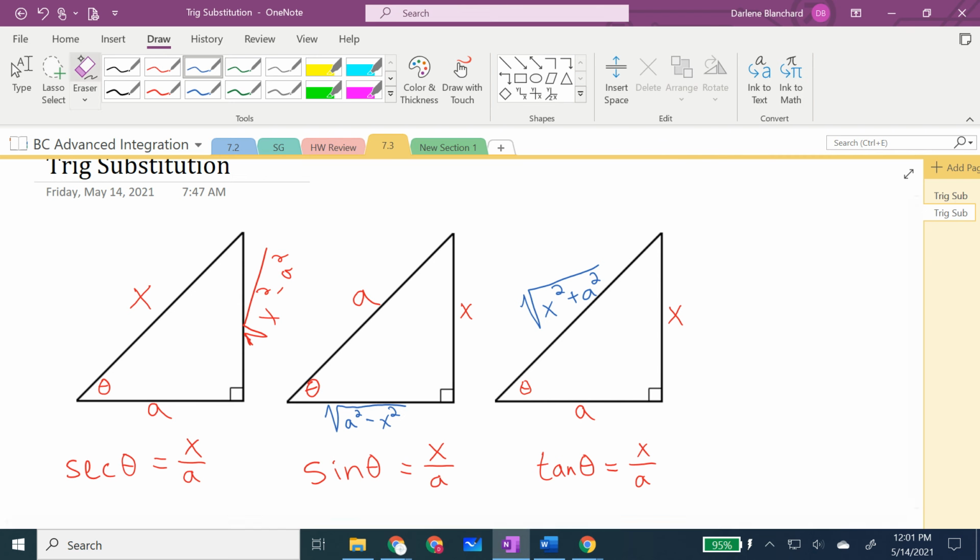And now I want you to take a look at these three Pythagorean theoremed sides. One of them is an addition. And do you see why addition points you to tangent when you look at this triangle?